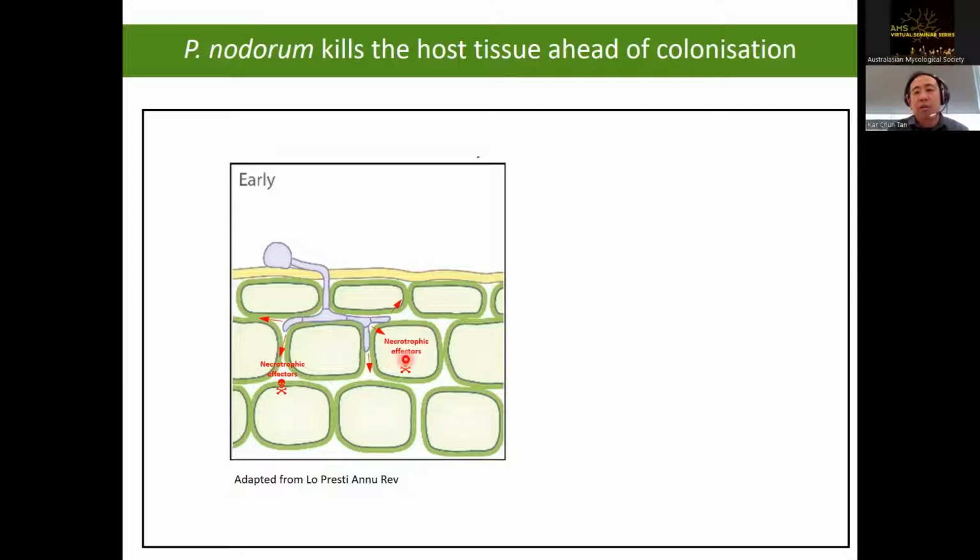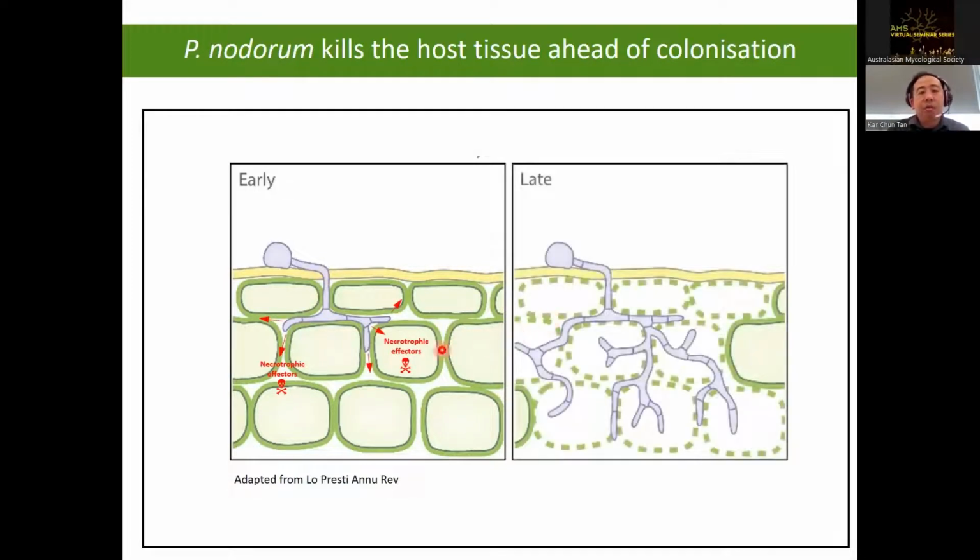We call this effector-triggered susceptibility. As a result of these interactions, the host cells essentially become necrotic and die. When they die, they release nutrients that allow the pathogen to start metabolizing and ramify itself through the host tissue, therefore resulting in these nasty lesions that you've seen a little bit earlier on.